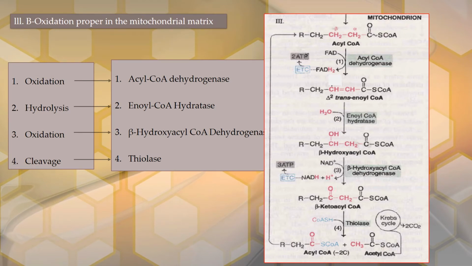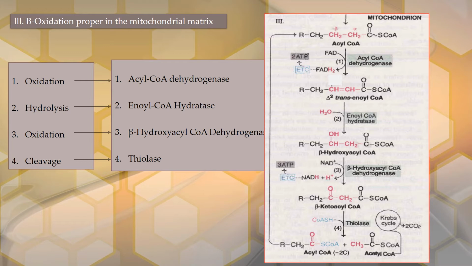Third, beta oxidation proper in mitochondrial matrix. These beta oxidation steps are completed by 4 subreactions. Number 1, oxidation of acyl coenzyme A by the help of acyl coenzyme A dehydrogenase enzyme. Number 2, hydration by enoyl coenzyme A hydratase.